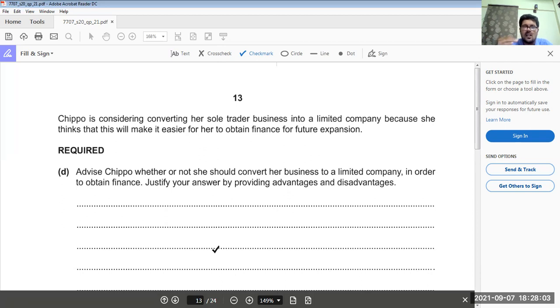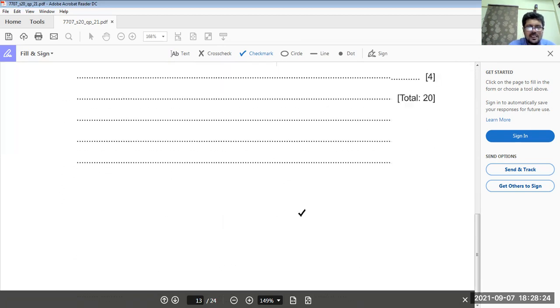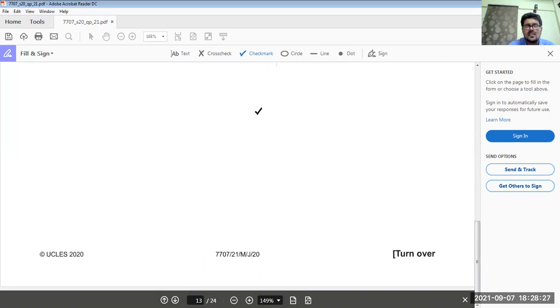Or you might lose control over the business, because if you invite more shareholders, you might lose control. The advantages of a joint stock company will be given by your teachers. If you don't have a text on joint stock companies, you can ask me anytime and I will provide it. So now it's up to you what you think the decision of Chipu should be.